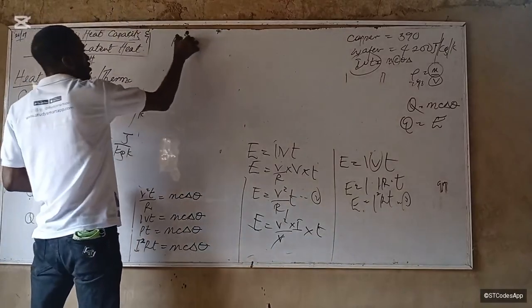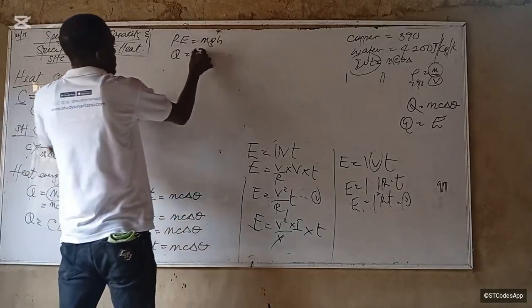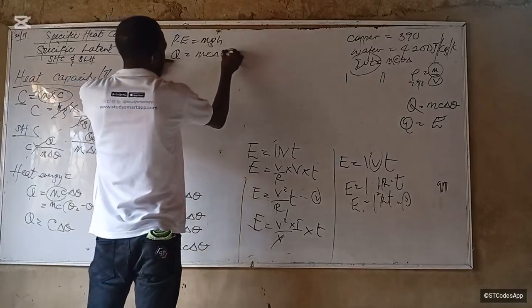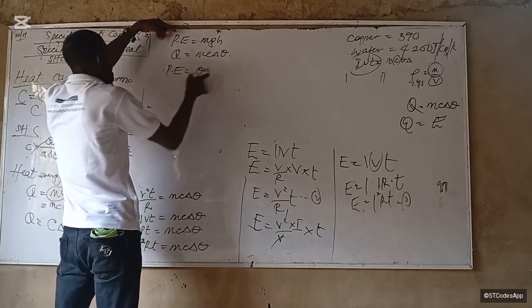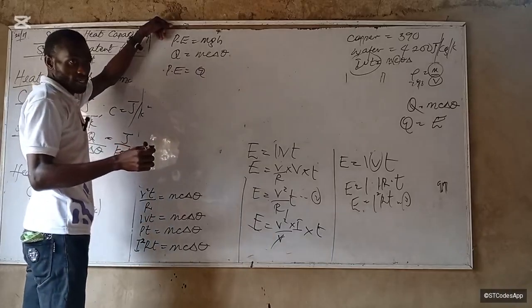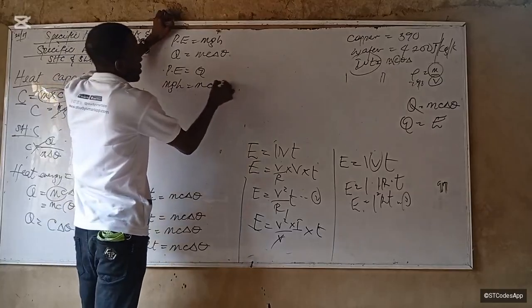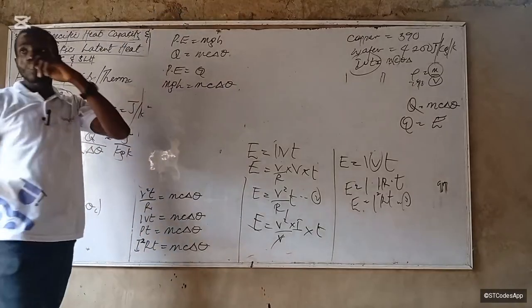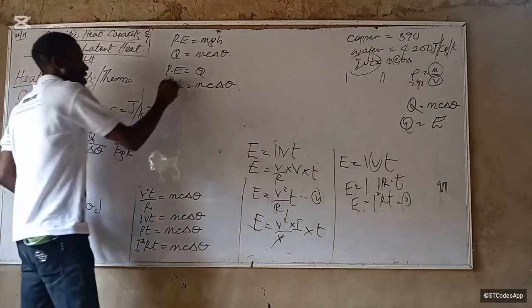So potential energy is equal to mgh, right? But we recall that heat energy is also mc change in theta. At the base of the distance, all potential energy would have become what? Heat energy. Is this clear? Raise your hand. So we have mgh equal to what? Mc delta theta. What you will soon notice is that if we are talking about the same body, then m can cancel out.